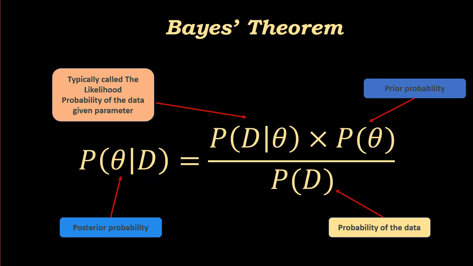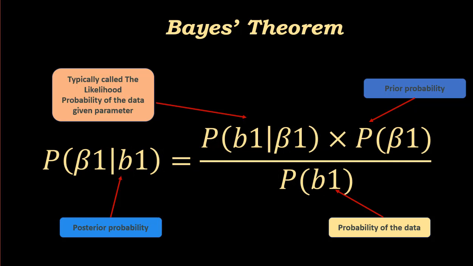Now we are going to make a change to this generic form of the theorem, and then we are going to give it a meaning using the example we've been using in the linear model. So the parameter we are interested in is beta 1, the beta 1 coefficient in a linear model.